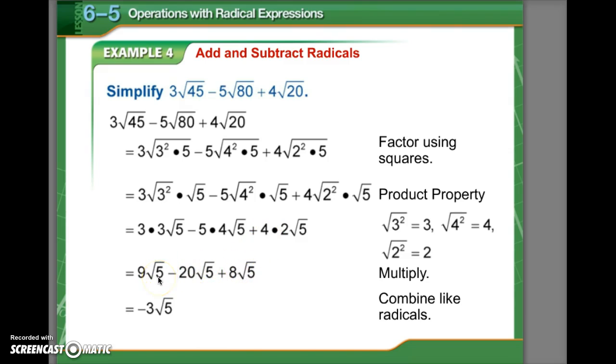And you'll notice once you've gotten to this step, you can treat the root, any root, whatever it is, this is the square root in this example, like it's a variable. So you can imagine as if in this step the problem said 9x minus 20x, and then plus 8x.